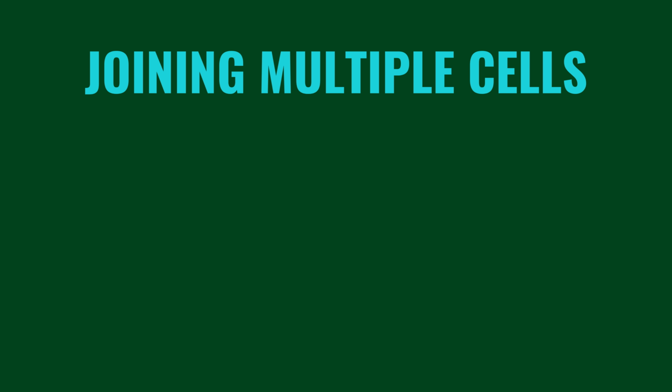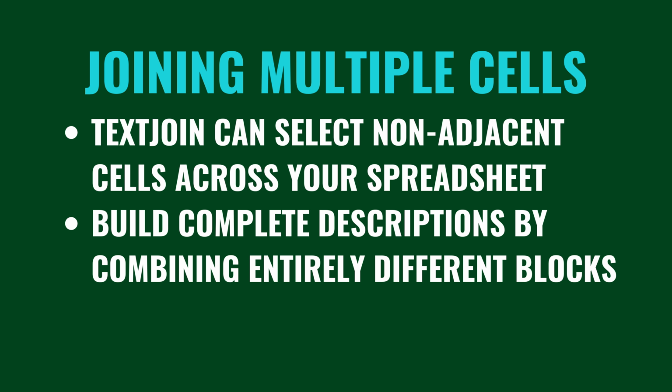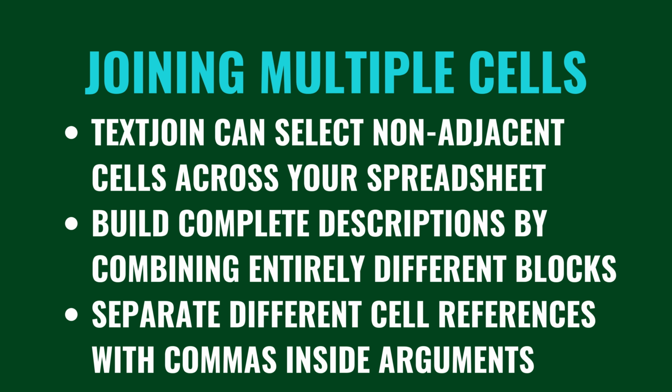One of the best features of Textjoin is that it isn't limited to just selecting two cells that sit right next to each other. If you wanted to build a complete summary description for each comic book that includes the title, the issue number, and the publisher, all separated by commas, you can select entirely different blocks of cells by separating them with commas inside the formula arguments.